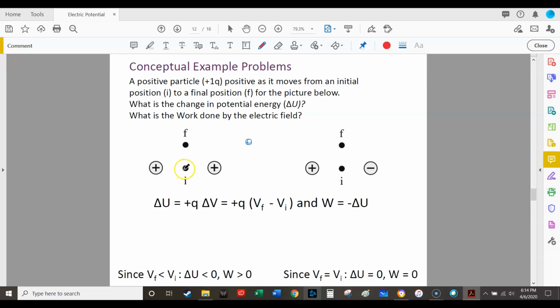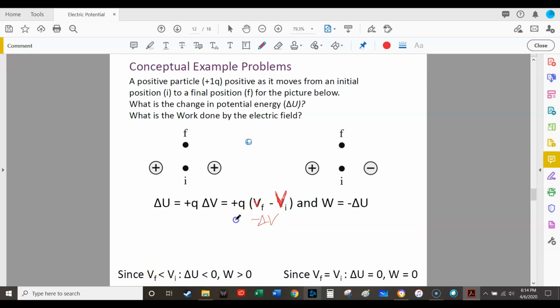We have a positive charge right here that's going to be in a high voltage. So the initial voltage is going to be very large, and the final voltage is going to be small. So that means this is going to be a negative delta V. V final is less than V initial.